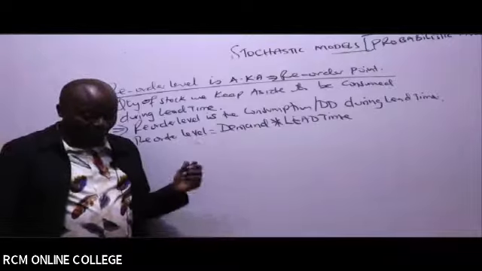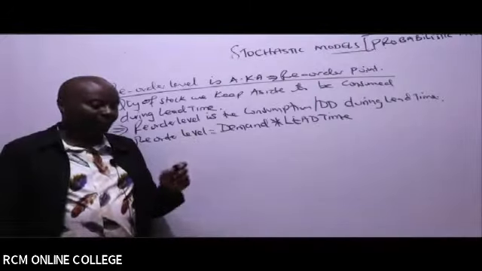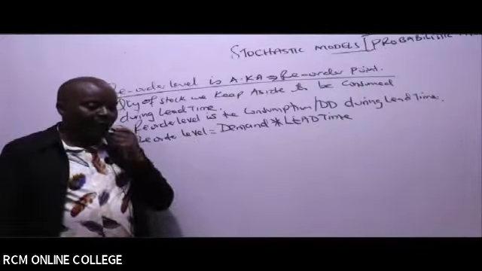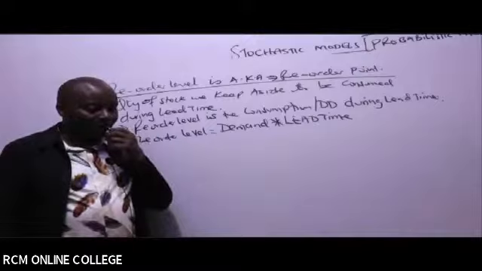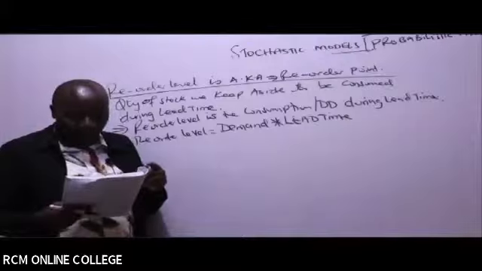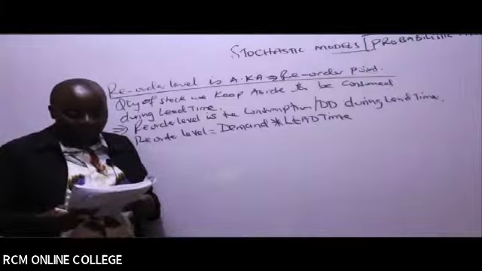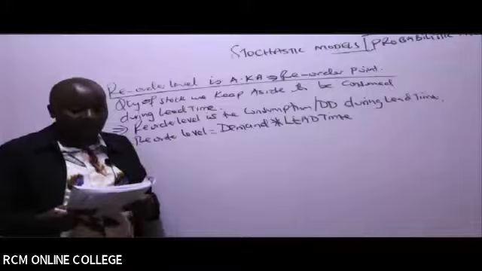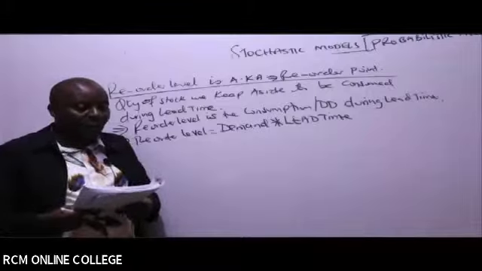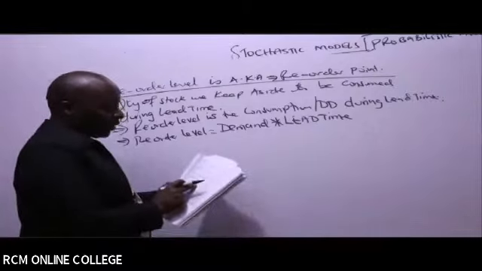Now let me ask you a question. Has this examiner given us our lead time? Do we know our lead time? Yes, they told us about lead time. You're right, it will be the average, because they've given me either 20 days or 25 days.